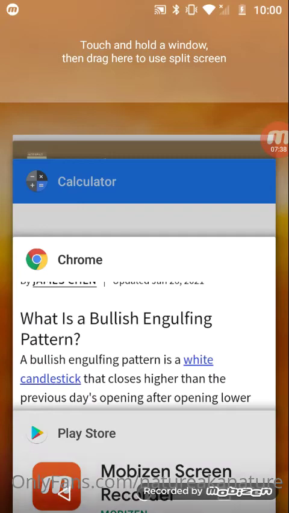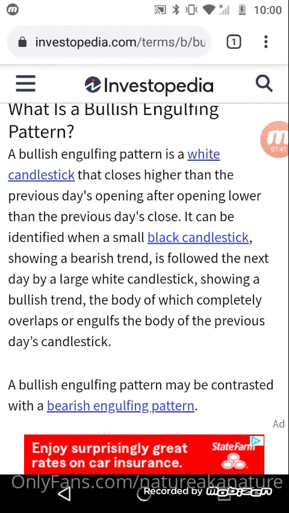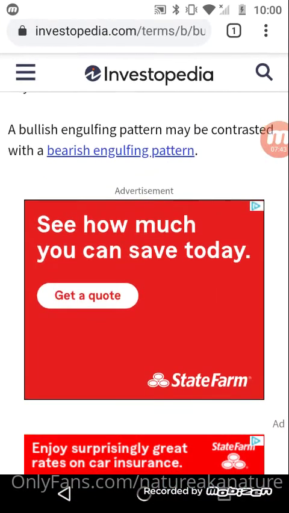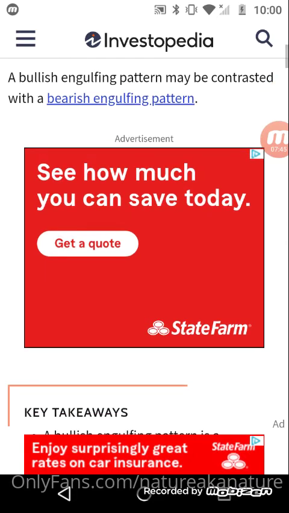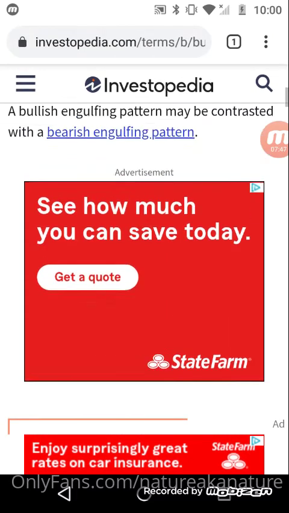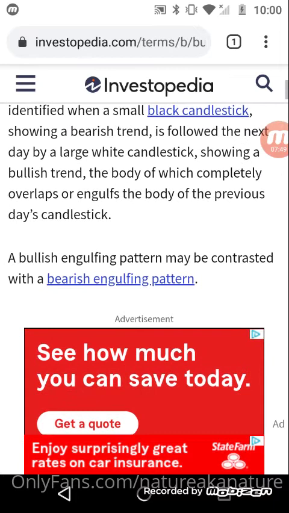So basically what they're saying is the green candlestick is called a bullish engulfing only if the green candlestick is bigger. It's engulfing, meaning the first candlestick would be small. It's a small black candlestick, or a small red candlestick.